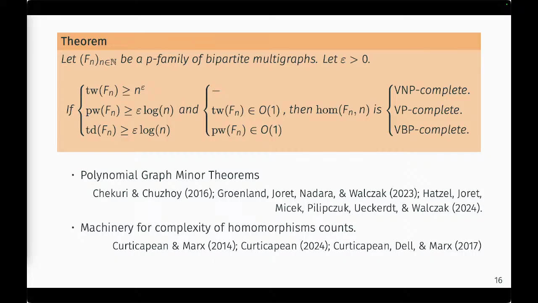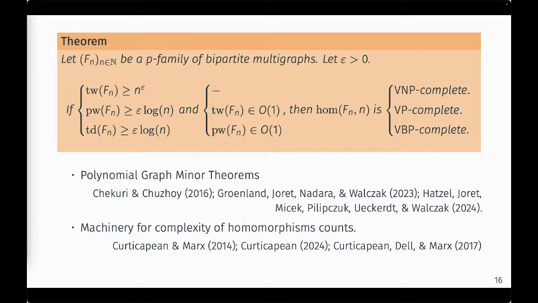We need very tight graph minor theorems in order to get these forbidden patterns that you need to reduce anything. This is ingredient one, and the second ingredient is that we do refinements to a long line of work that develops machinery for studying the complexity of homomorphism counts.